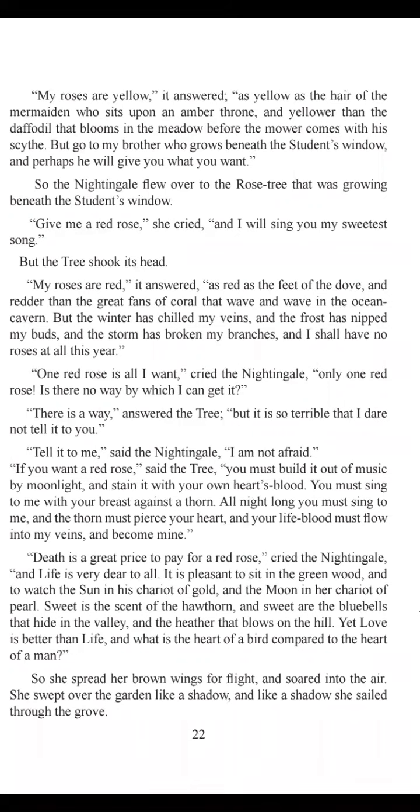All night long you must sing to me, and the thorn must pierce your heart, and your lifeblood must flow into my veins and become mine." So this is what the red rose said. So the reader becomes more and more curious. This flow of the plot is now diverted into another direction. Nightingale is given a very risky proposal from the red rose plant.